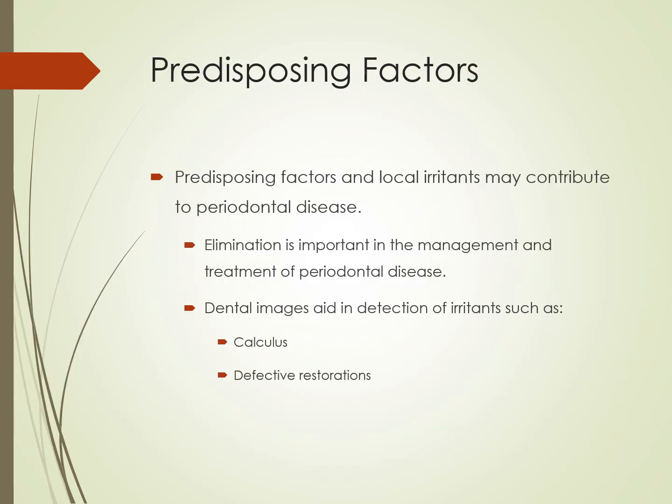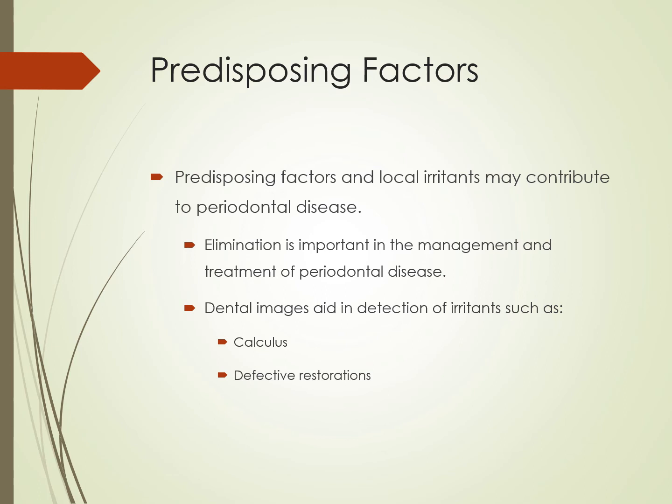And so when you see it, you need to be able to recognize it. Okay, so predisposing factors. There are predisposing factors and local irritants that can contribute to periodontal disease. When we're looking at a mild or moderate periodontitis, we also need to look at what's causing this.